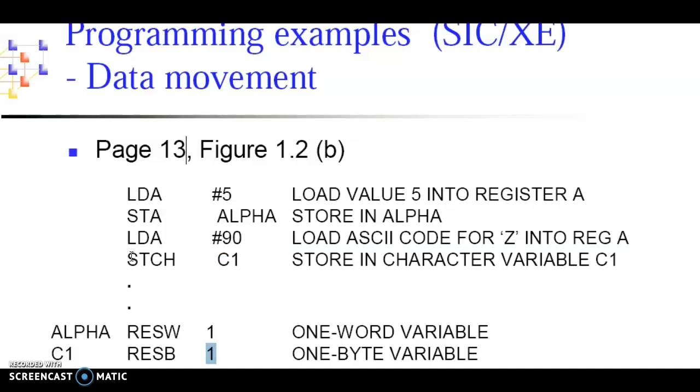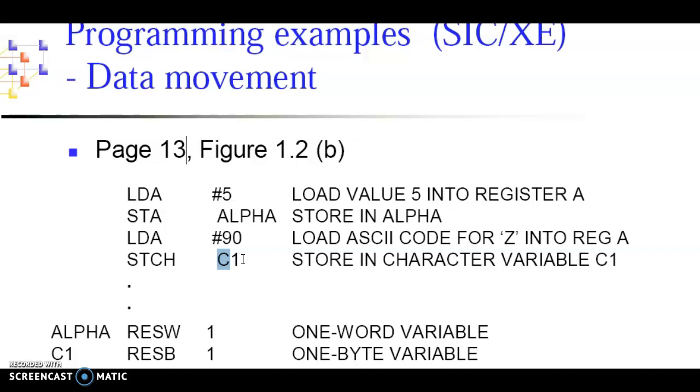In such a case, we use the instruction STCH, not STA. We made use of the instruction STCH, which means the accumulator will have some value, and it will be stored into a memory location designated to store a character variable.